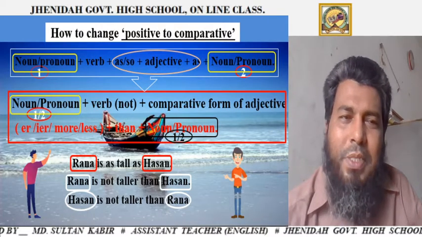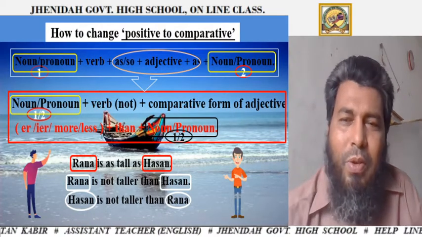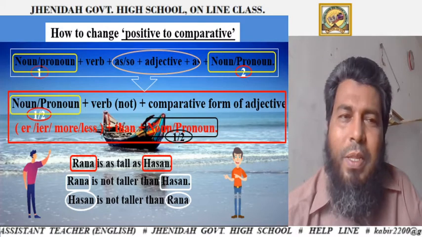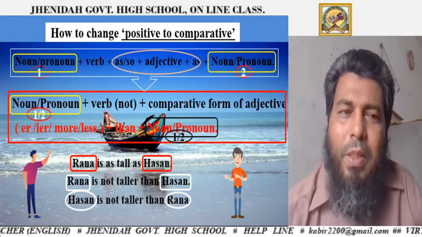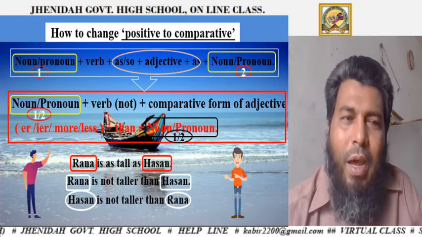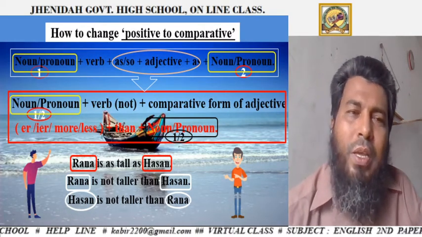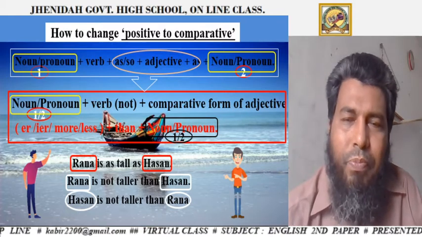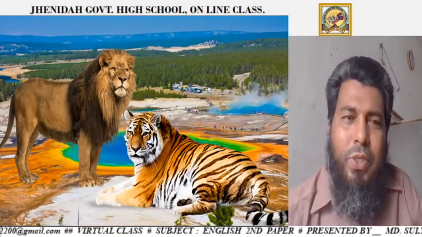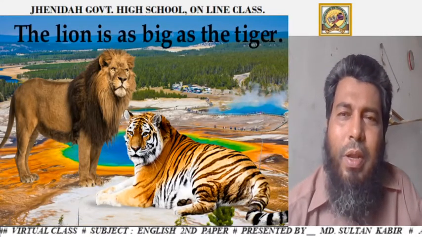If the positive degree is in affirmative mode, then we must add not with the verb, then the comparative form of adjective, then, and after then we must use the first noun or pronoun or the second noun or pronoun. Okay.